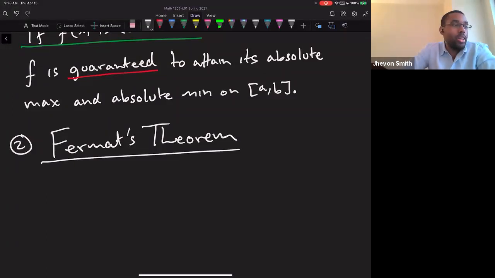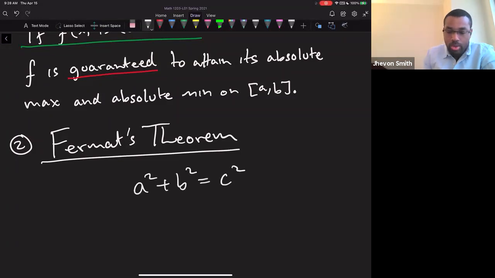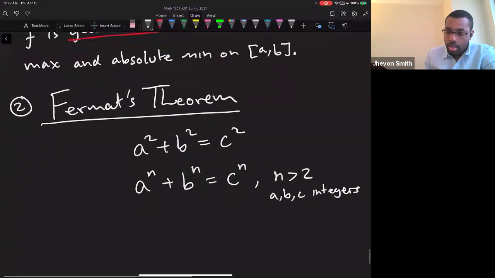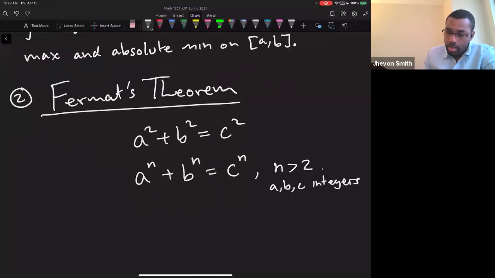He's the guy who basically said, so we know Pythagoras' theorem, a squared plus b squared equals c squared. He basically said, well, all right, if you replace the 2 with n, where n is larger than 2, and a, b, c are positive integers, then no solution.